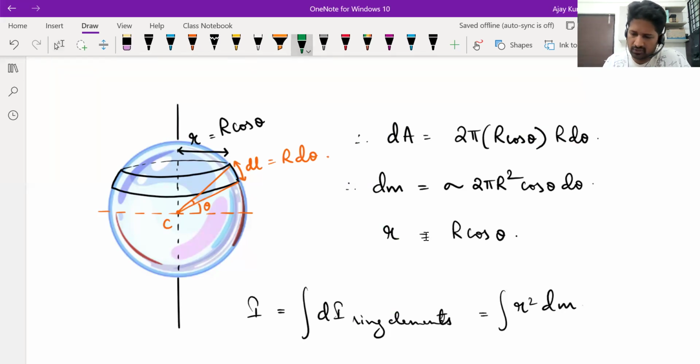For the topmost ring, okay, the topmost ring will be somewhat like this, a small ring at the top. You join its ends to the center. How much is this angle? Almost equal to 90 degrees. For the bottommost ring, which is on the lower side, how much will the angle be for this ring?